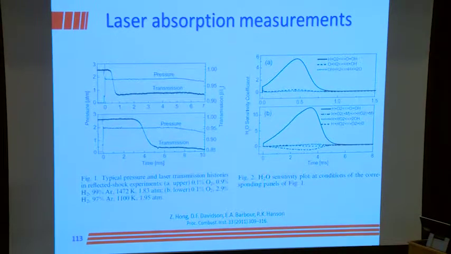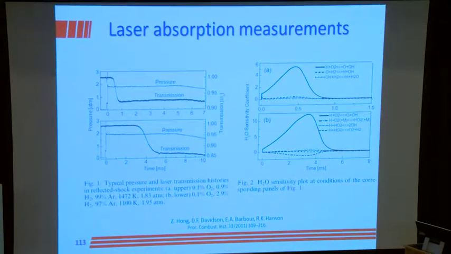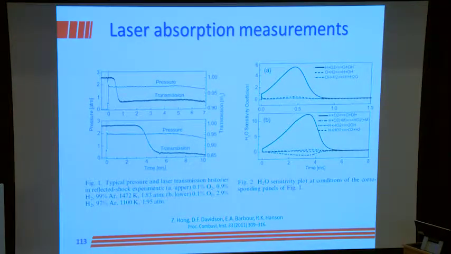One other thing that they were actually able to do, not only can you do laser absorption measurements and speciation concentrations versus time, but sometimes you can actually back out precise rate constants. And one of the most important rate constants, we'll be doing that, not today, but tomorrow we'll be starting the small mechanism kinetics, is the most important reaction in combustion, H plus O2 giving you O plus OH, okay?